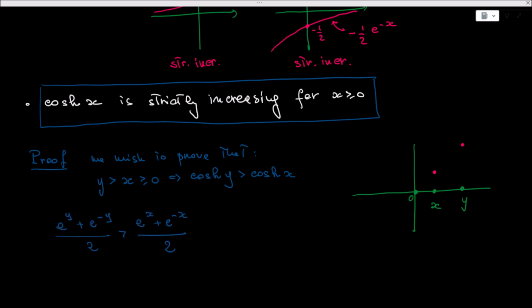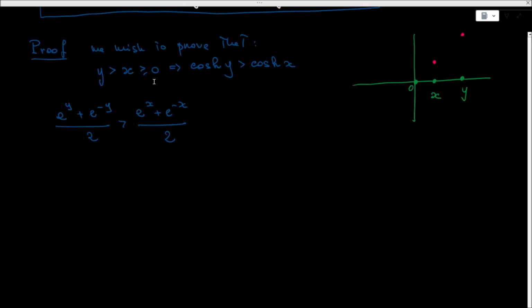And of course we can remove the 2, since multiplying the left hand side and the right hand side by 2 doesn't change the inequality. So we need to prove that e to the y plus e to the minus y is strictly larger than e to the x plus e to the minus x.